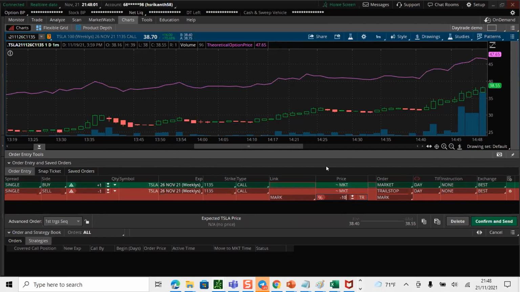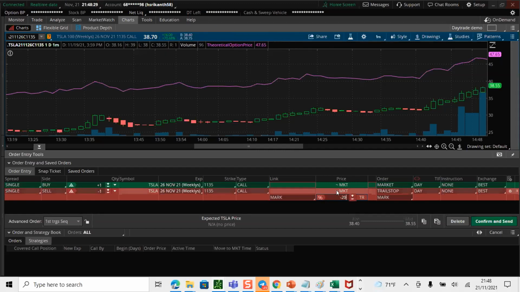But typically options fluctuate with the price movements and everything, so I strongly suggest maybe 20%. You need to do your risk to reward ratio calculations, and have proper risk to reward management, and then you can select this.